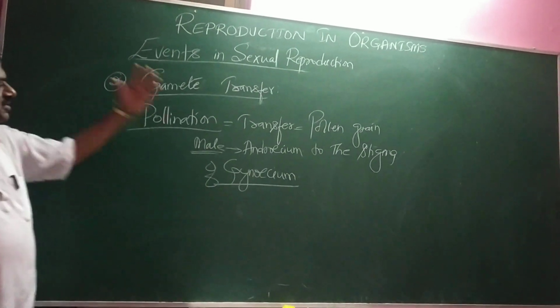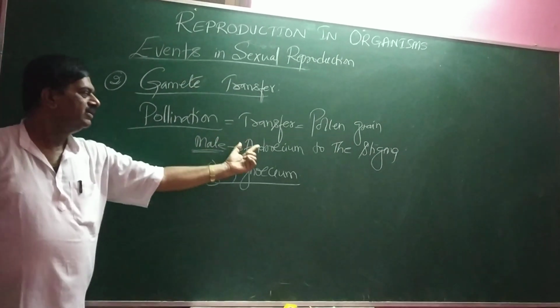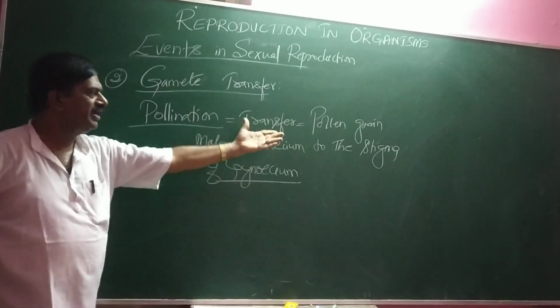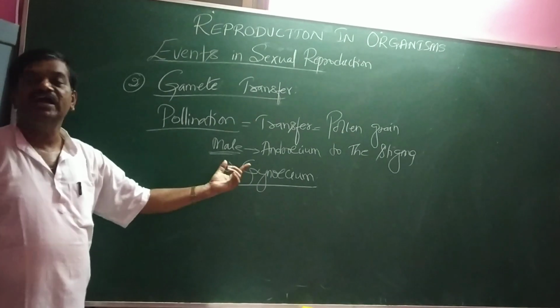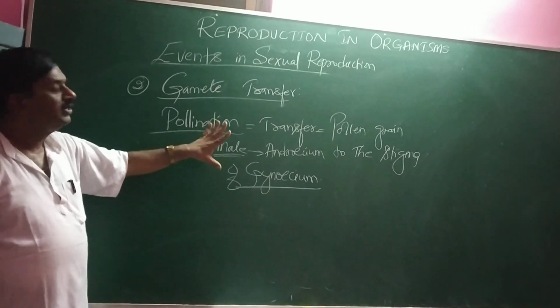And look at this. It is the transfer of male gamete or pollen grain from the androecium to the stigma of the gynoecium for the fertilization. For this we use the word pollination.